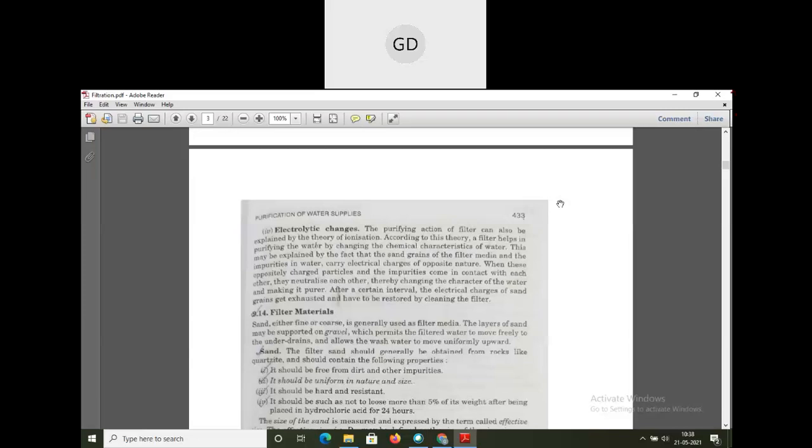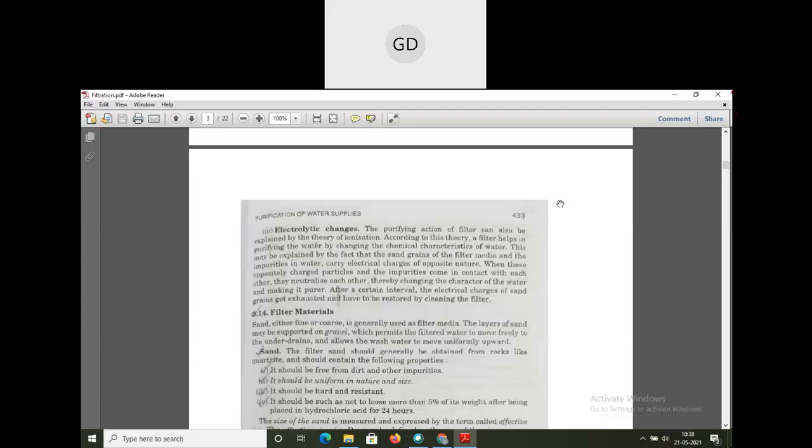And when the electrical charges are neutralized, they will change the character of the water and make it pure.